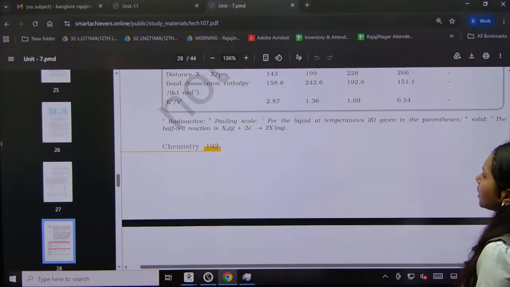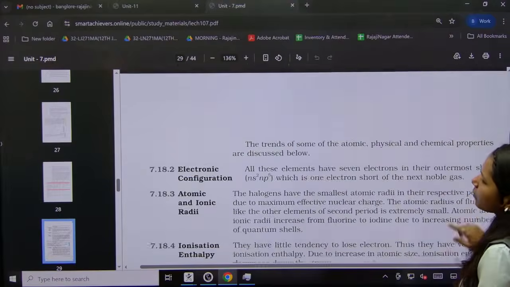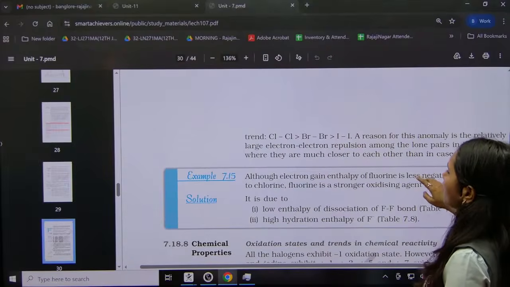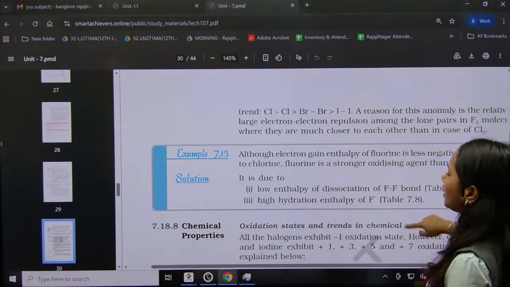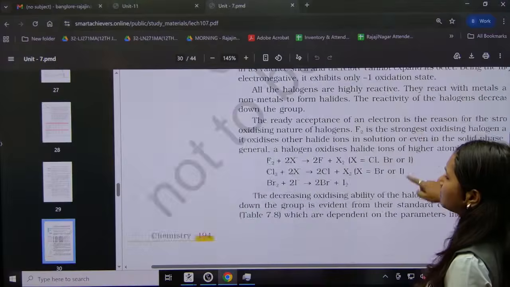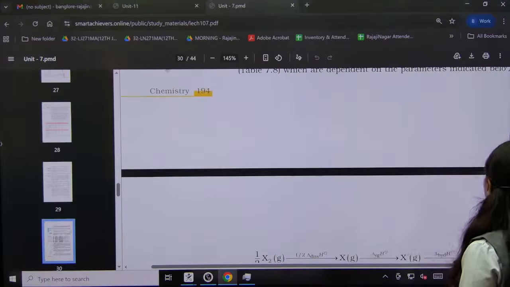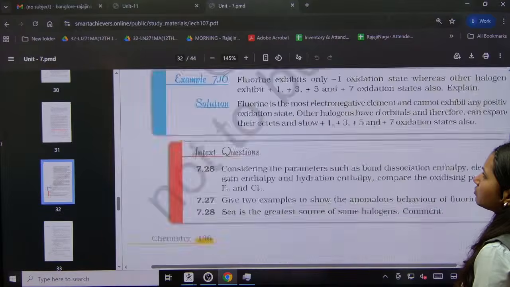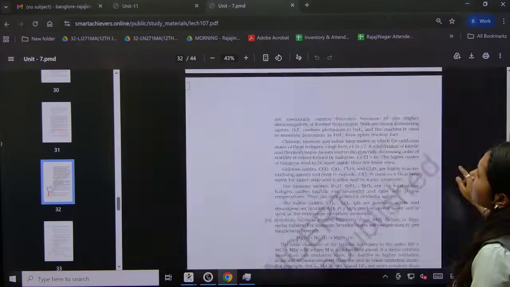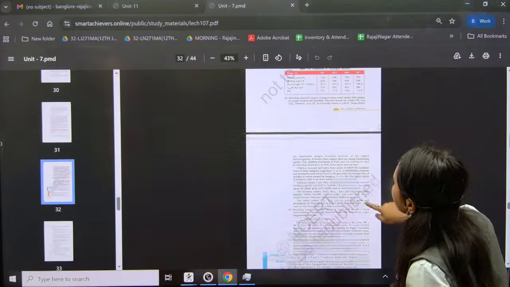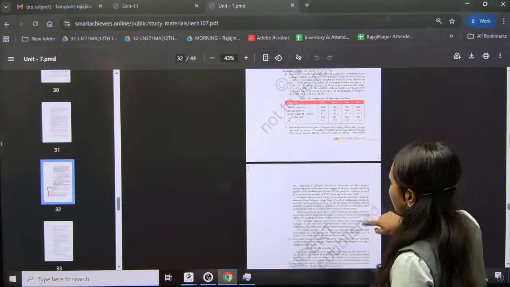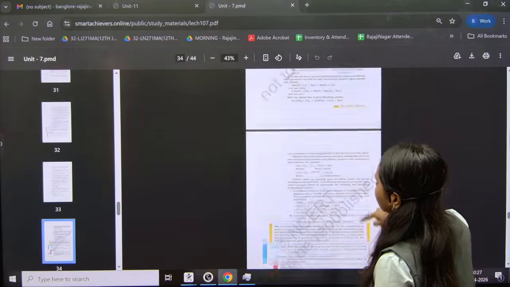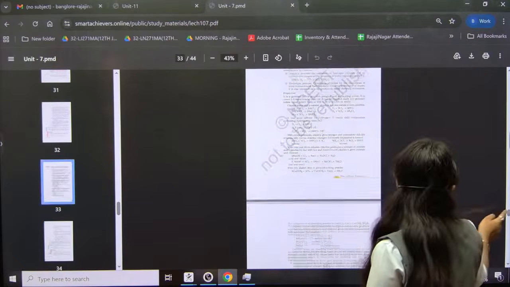Now we will see the anomalous behavior of fluorine. What is the anomalous behavior of fluorine? Let's see here. Reactivity towards metal, halogen.